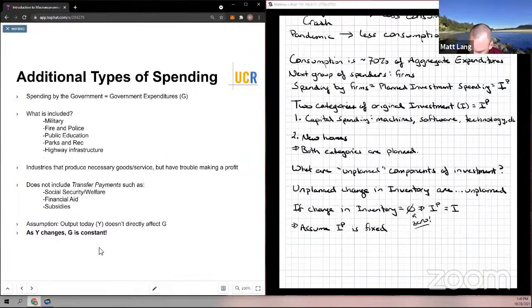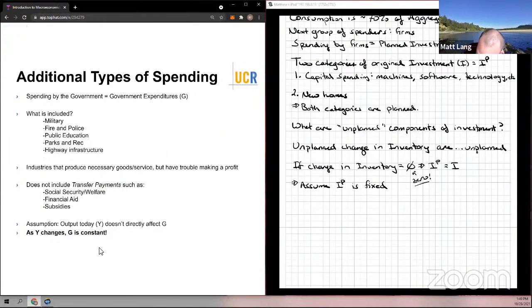Okay. So just to finish this up, the last two groups. The next group of spenders is the government. And is that the same G as before? Yes. G from before.